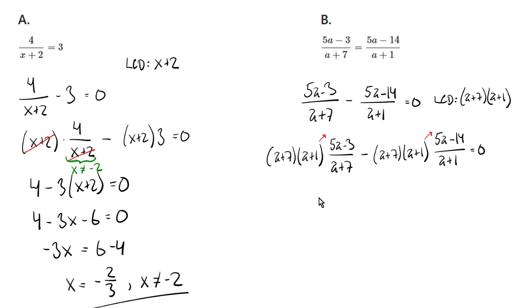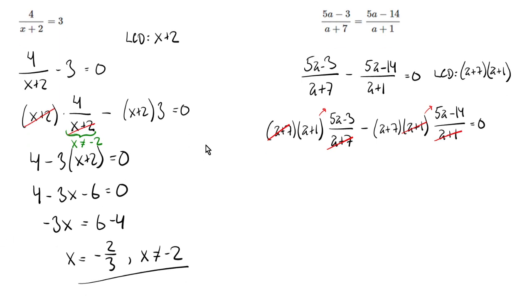And so now we can cancel this a plus 7 against this a plus 7, and this a plus 1 against this a plus 1. So effectively, multiplying each term by the lowest common denominator gets rid of the denominator in the rational expression, allowing us to solve it for the variable.